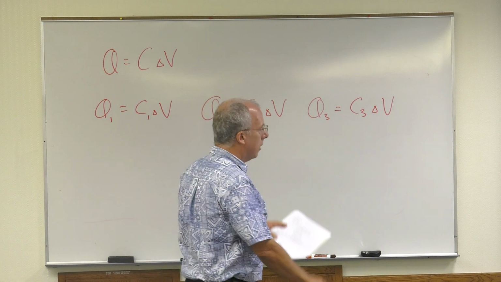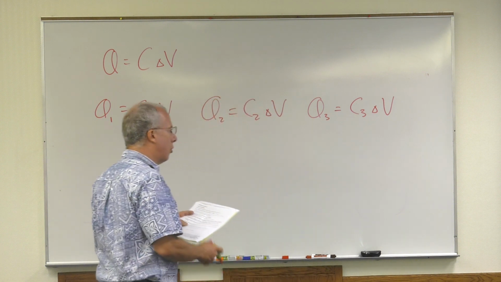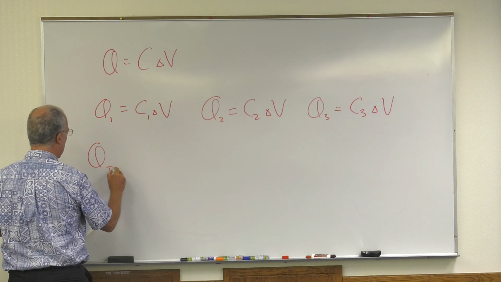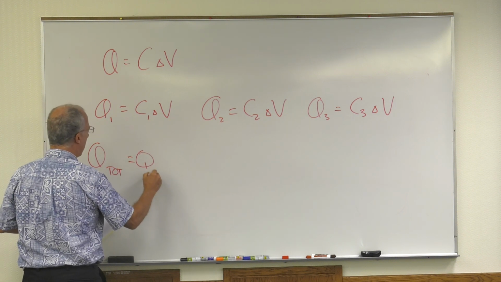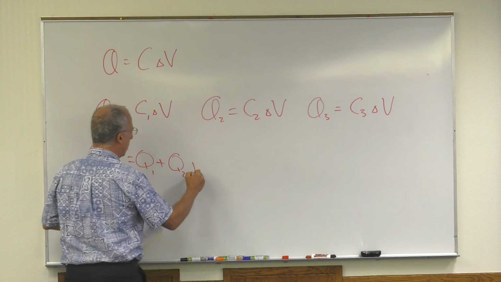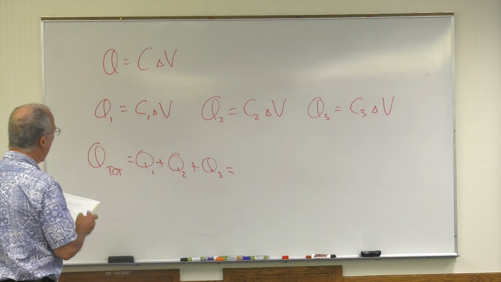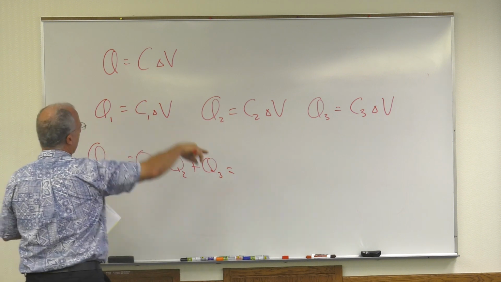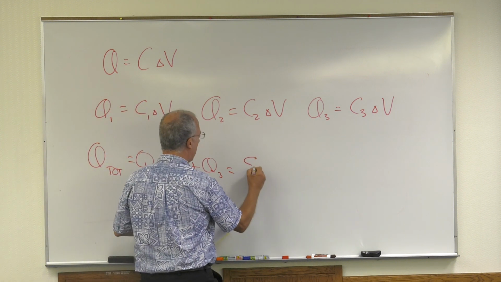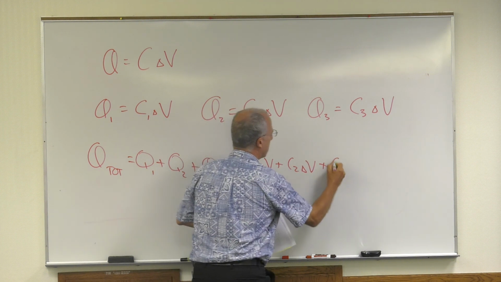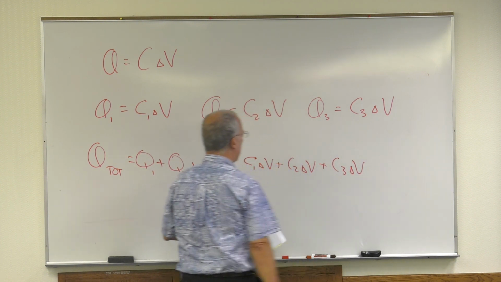So let's figure out the total charge. Q total is Q1 plus Q2 plus Q3. Let's put it in. That's C1 delta V plus C2 delta V plus C3 delta V. What can I pull out?